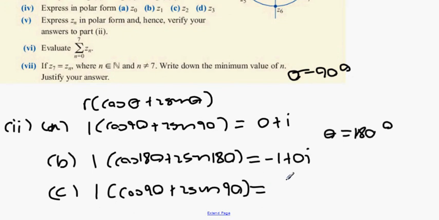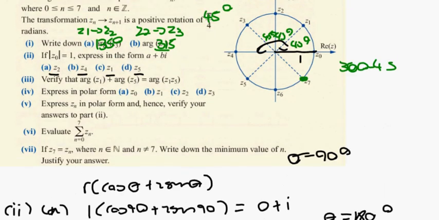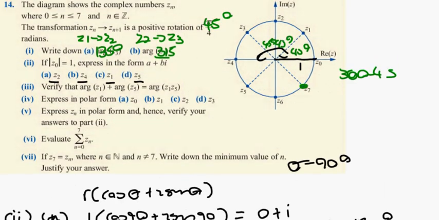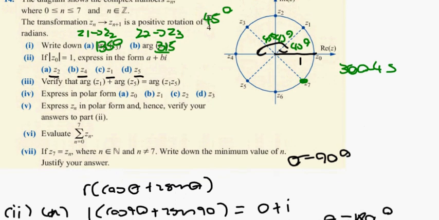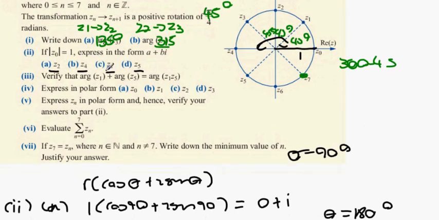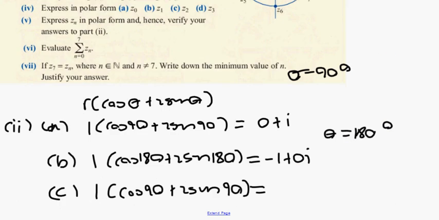Wait a second, Z2 is 90 degrees, so I've already done 90. Oh, it's Z1, sorry guys, Z1, I'm looking at the wrong one. Z1 is 45 degrees, excuse me.